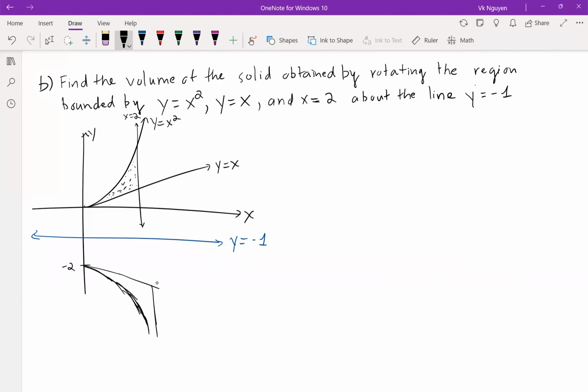We will have a washer as a sample slice. That is the sample slice right here.